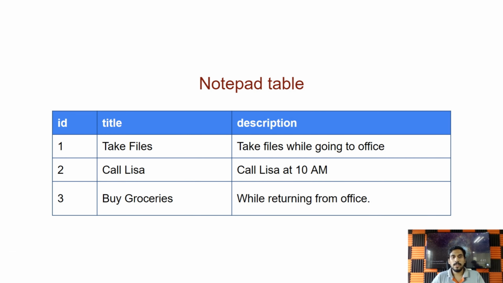This is the table that we are going to create in our application. So the columns are ID, title, and description. The ID is the primary key, the title is a text, and the description is also a text.